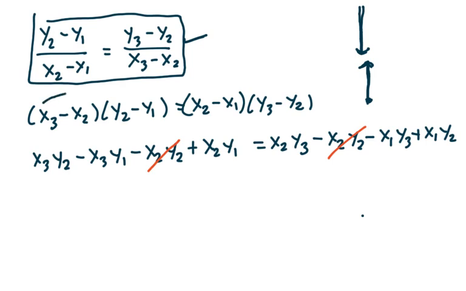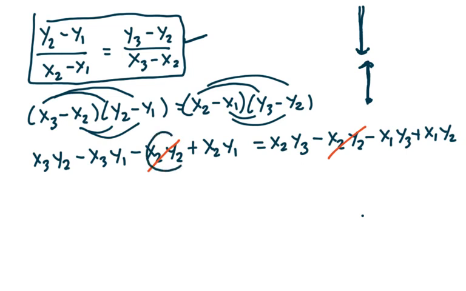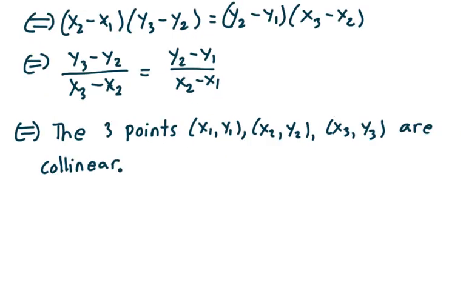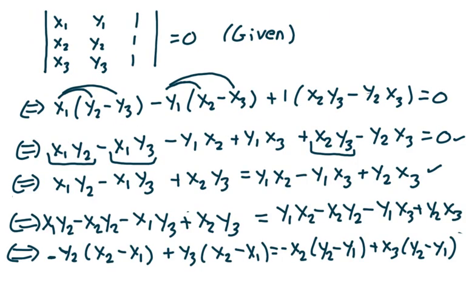When I FOIL out the left side and the right side, I picked up an extra x2 y2.